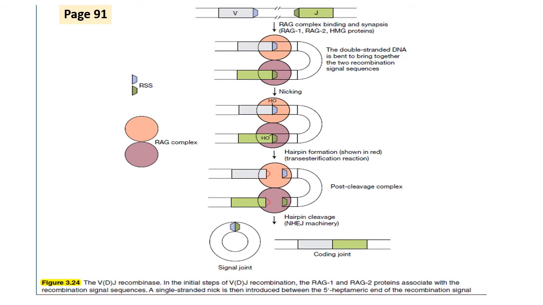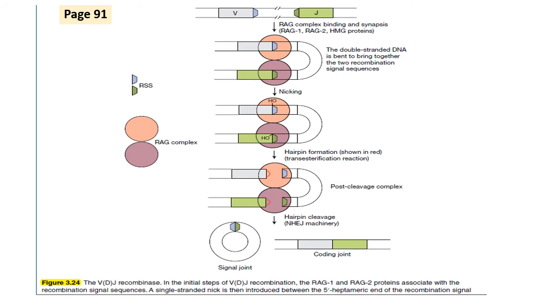Now the recombinase machinery. How does this recombination occur? Which enzyme plays a part in that case? The V(D)J recombinase is a complex enzyme that mediates somatic recombination of immunoglobulin gene segments.